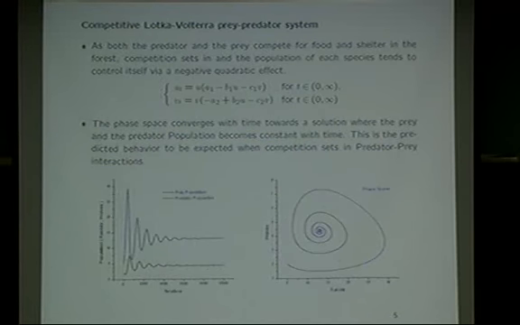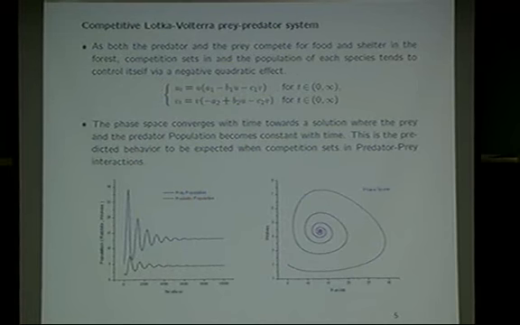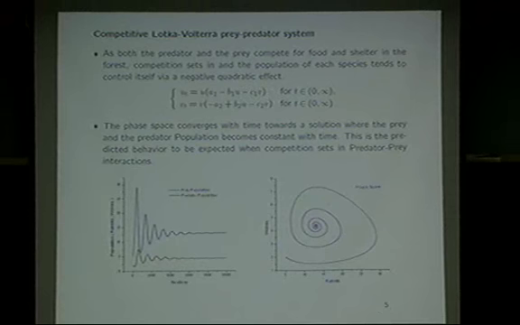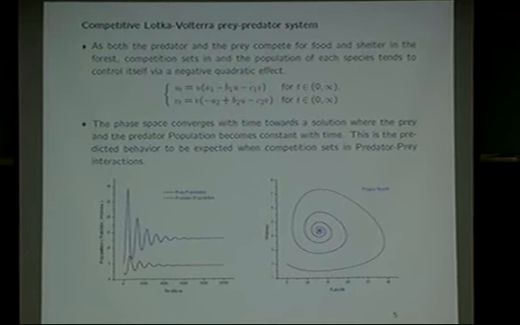And if you put in the in-species competition terms, minus b1u and minus c2v, these two terms describe the phenomenon that if the population inside the prey increases, then the individuals should compete with each other.